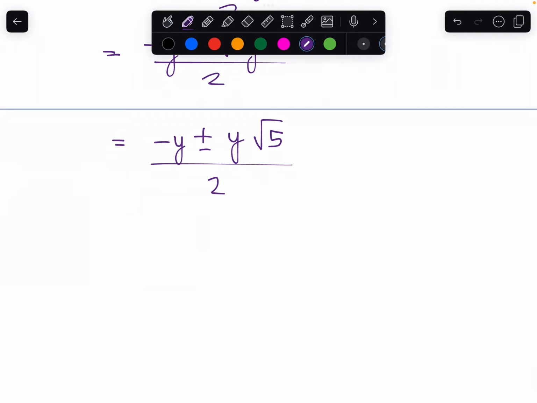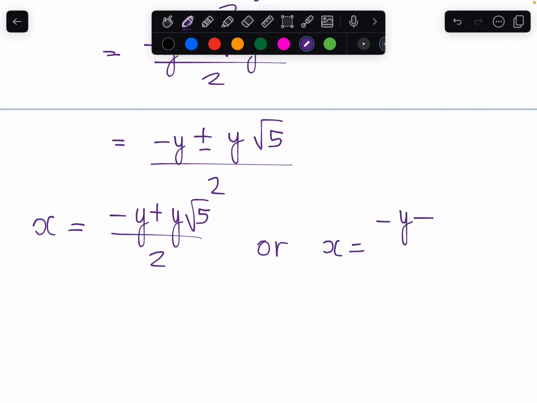Okay, so therefore, but also do we need to consider both these solutions actually? So we know that y is positive. Okay, so I'm just going to make this more explicit. So we are looking at x is equal to minus y plus y root 5 over 2, or x is equal to minus y minus y root 5 over 2.